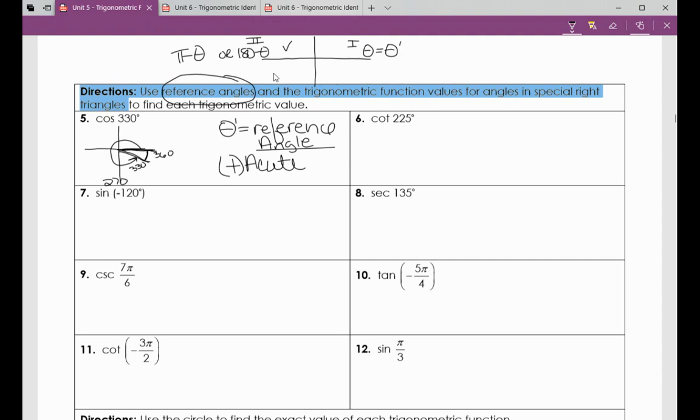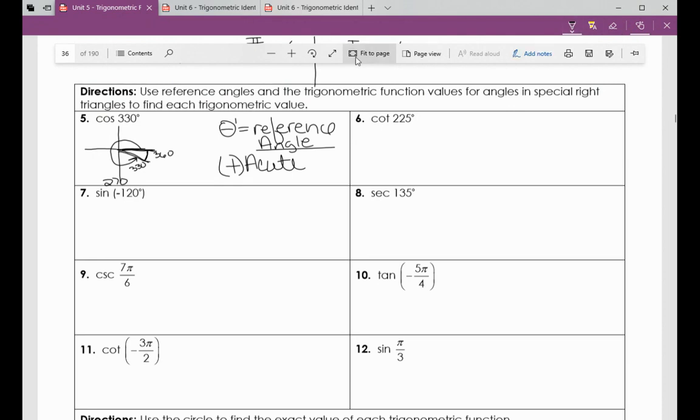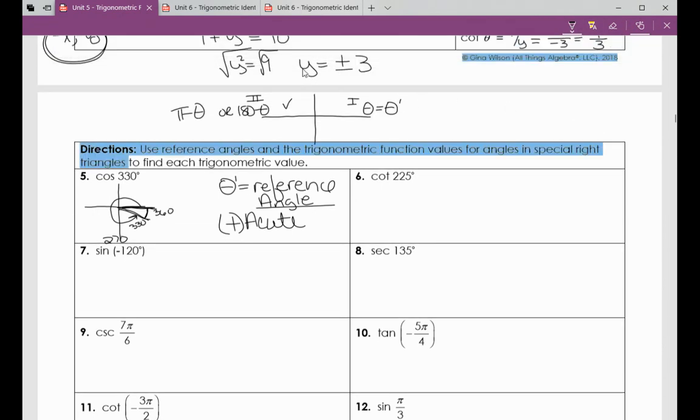Now, if you are in quadrant 3, you're going to take theta and subtract pi, or you're going to take theta and subtract 180.